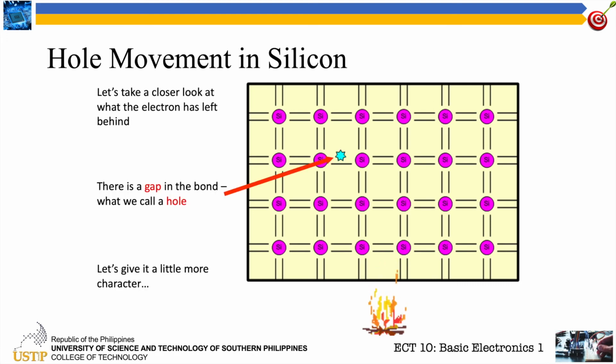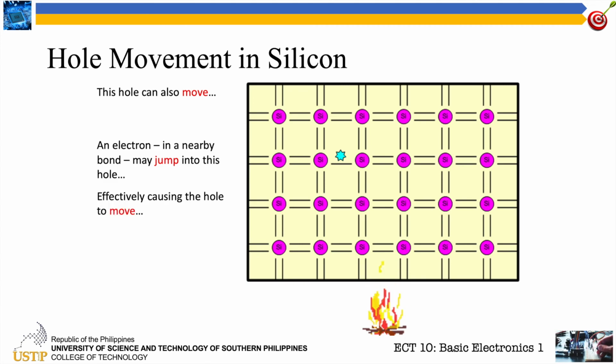Just like you have a piece of paper and you take something out, of course, you're going to have a hole. There will be a gap in that. And in electronic devices, this hole is actually represented by a positively charged particle. Let's give it a little more character. This hole can also move and it can jump from one bond to another bond.